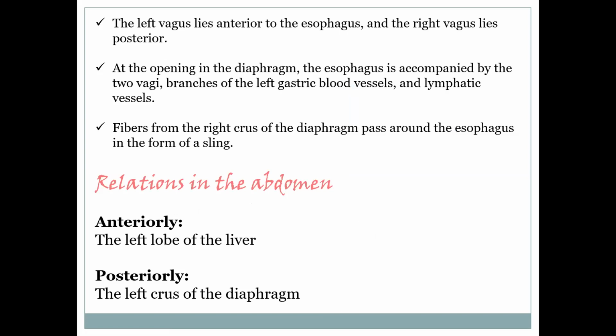When we consider the vagus nerves, there is a difference in relationship with the esophagus between the right vagus and the left vagus. So the left vagus nerve lies anterior to the esophagus while the right vagus lies posterior. But at the opening in the diaphragm, the esophagus is accompanied by both vagus nerves and branches of left gastric blood vessels and lymphatic vessels.